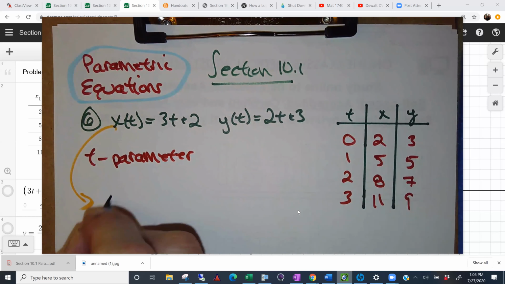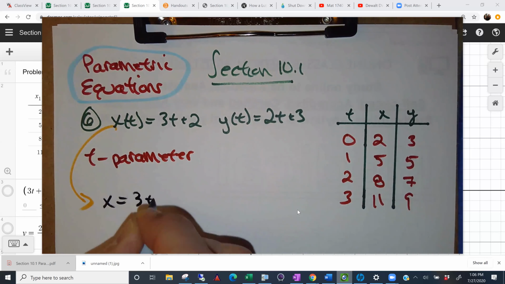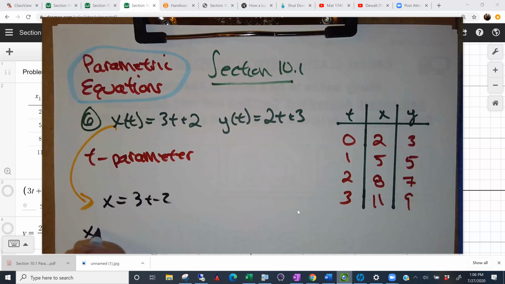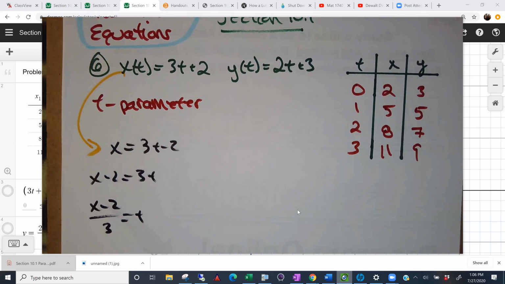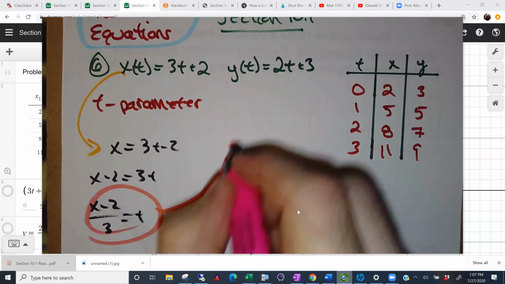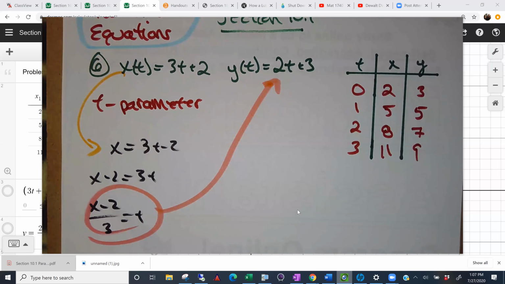So let's see, we get x equals 3t minus 2. So x minus 2 equals 3t. (x minus 2) over 3 equals t. And so that's good. We can plug this into here and figure out what y equals. So based on that, y is going to equal 2 times t plus 3.